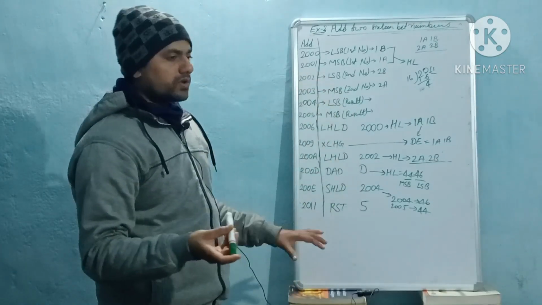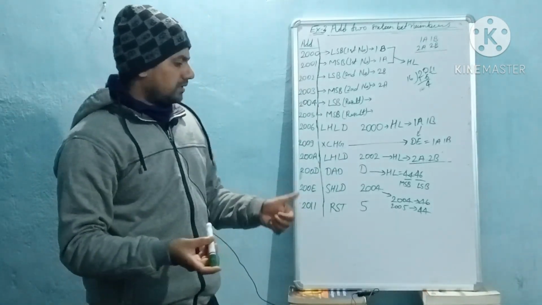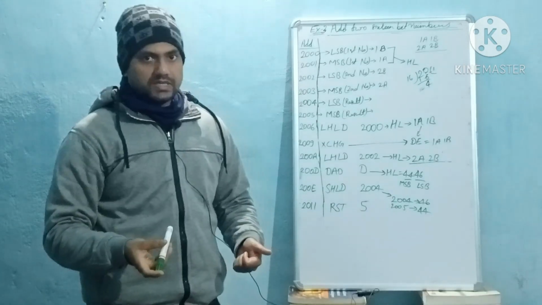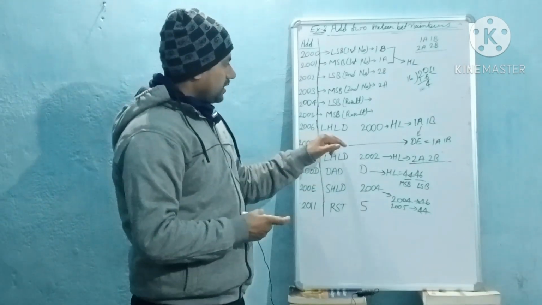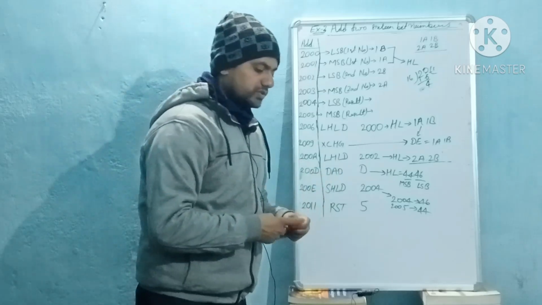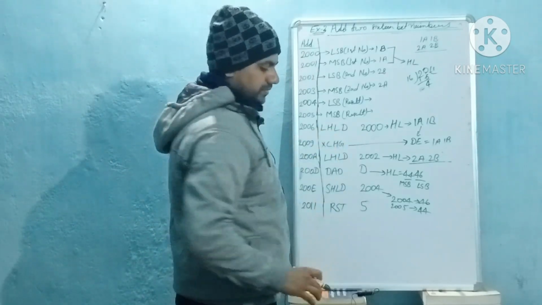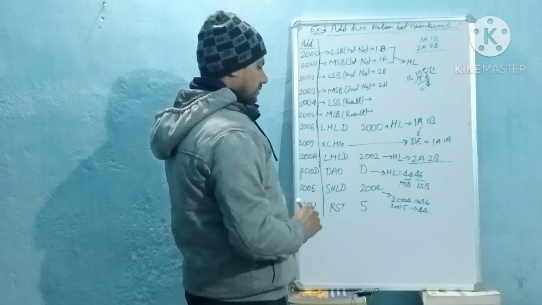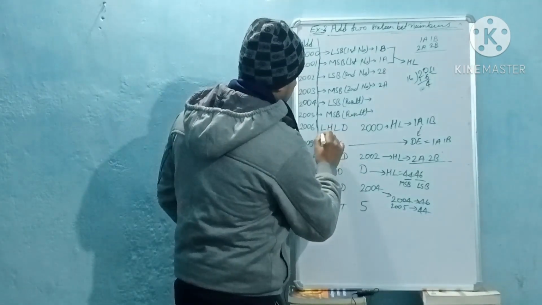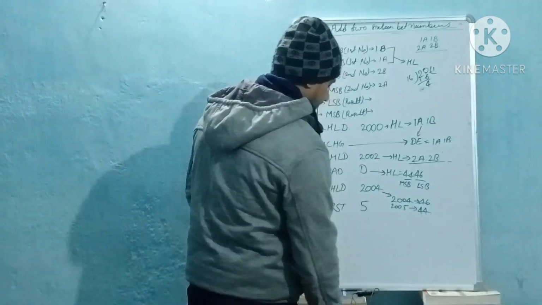Now if we use the corresponding hex codes to program, then it is called a machine language program. So in a machine language program, we have to write the corresponding hex codes. For example, for LHLD we have code 2A.